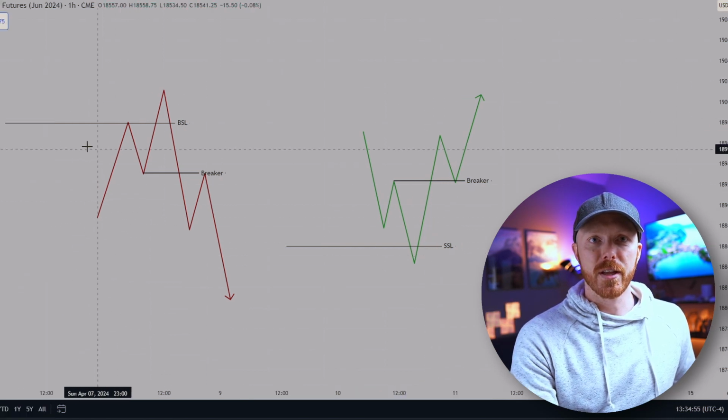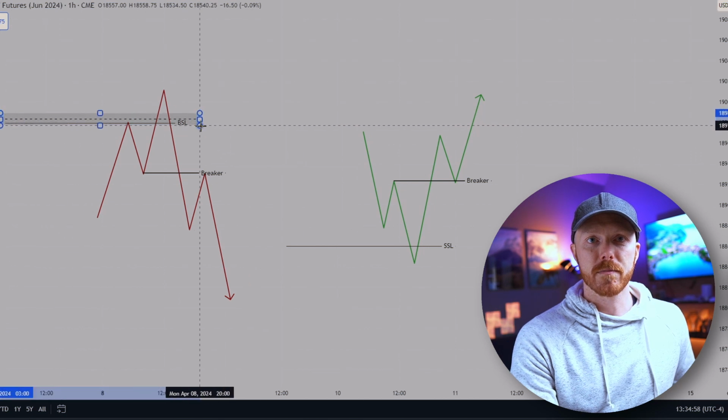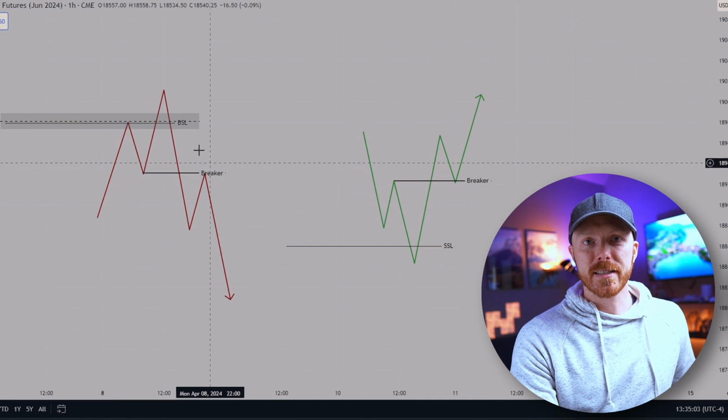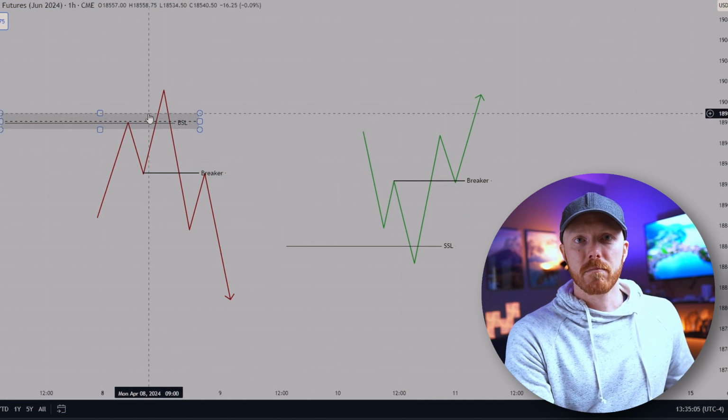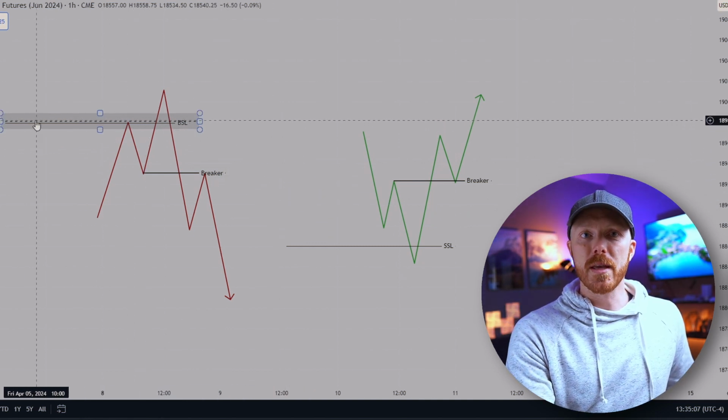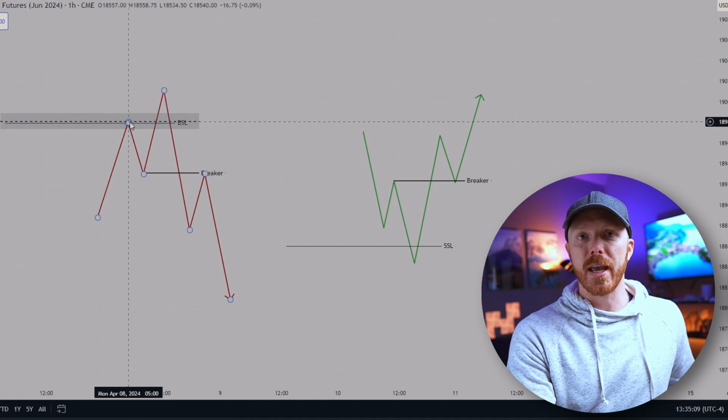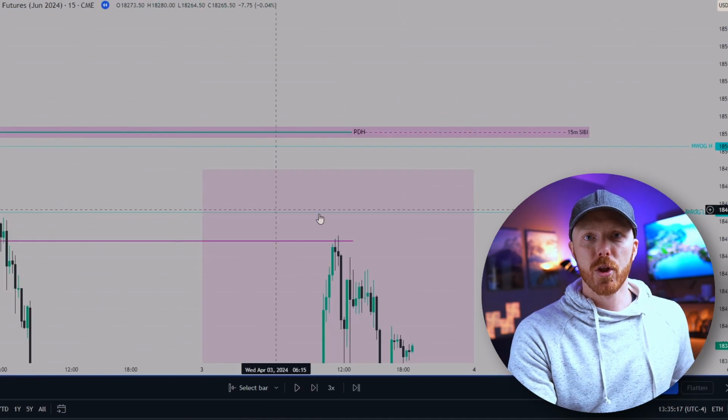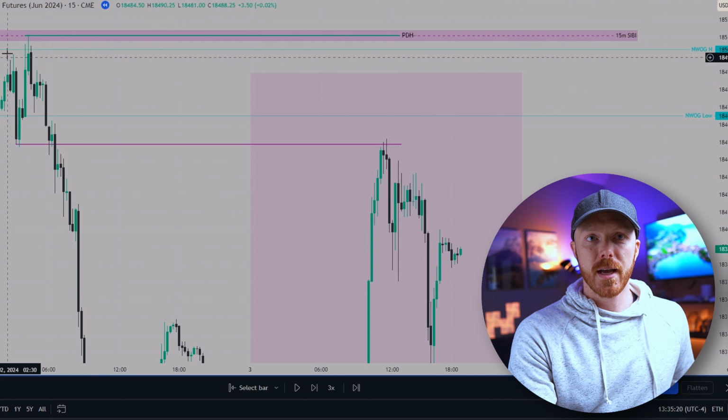Let me show you here. There could be a fair value gap like this that price moves into. It doesn't necessarily always have to be a buy side liquidity. It could be liquidity with a fair value gap, so it fills an imbalance. Look at the precision of this high, low, higher high.